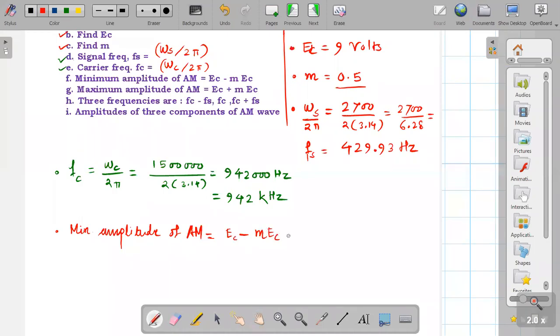Dear student, what is the Ec? 9. Yes, 9 minus m Ec. What is the m? 4.5. Do it step by step. Therefore, 9 minus, can I write here 4.5? Yes. Final answer is 4.5. What is the unit?